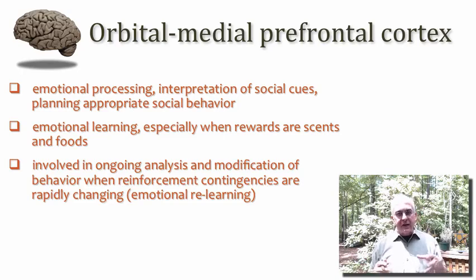But the point is that these social situations are highly dynamic and require a great amount of agility. And it's that social agility that is a particular challenge to this orbital and medial sector of the prefrontal cortex, and the role that it plays in interpreting these kinds of complex social cues to guide appropriate behavior.